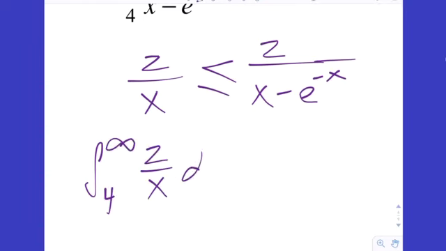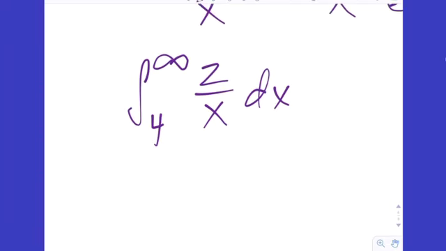of 2 over x dx, which you could do 2 ways here. You could say this is twice the divergent p-series with p equals 1, which is less than or equal to 1, and that would be fine. It is still a p-series. We don't have to start at 1 for it to be a p-series, but if it does start at 1, then we know the sum is 1 over p minus 1.